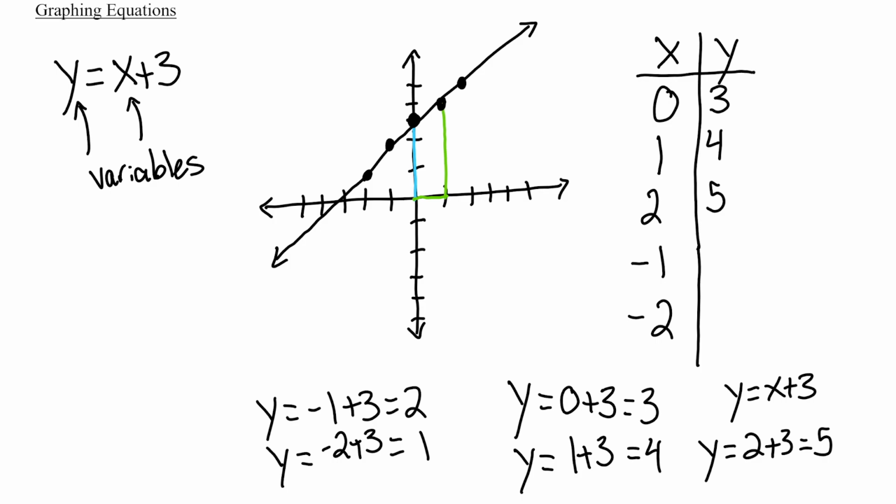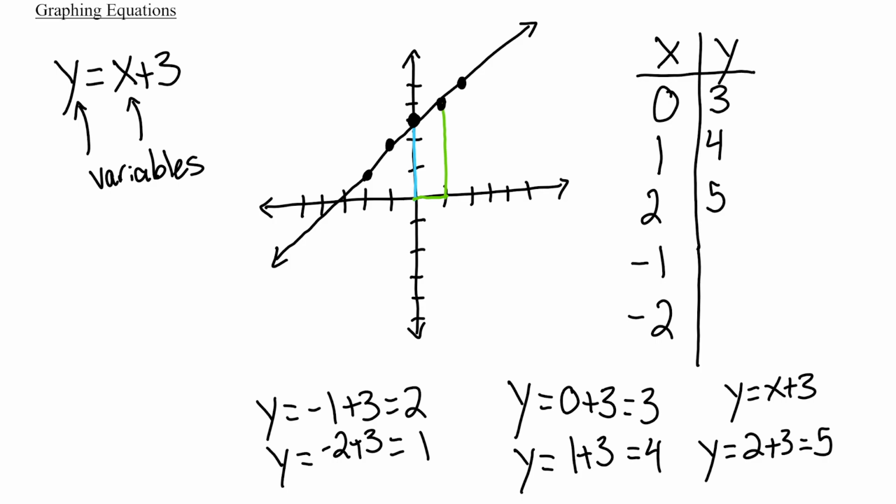So then we can be more confident in the values that we're picking and what the graphs are supposed to look like. So in this case, this is what we call a linear equation, meaning that the graph is a straight line. So we really could have just picked 2 points, because once you have 2 points, there's only one line you can draw between those points. And then we could go from there.